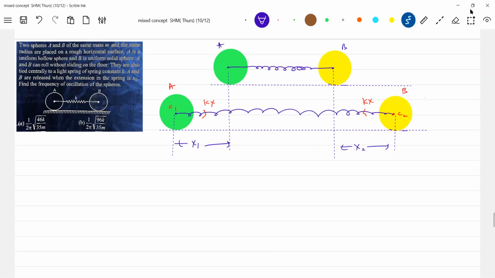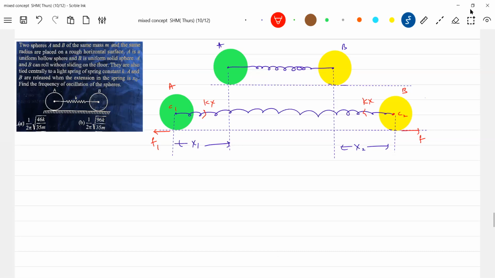Let's come to the friction. The friction here, let it be rolling friction, will act. Friction will be same or different?